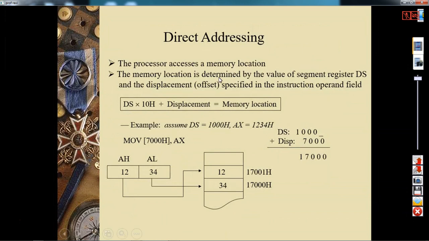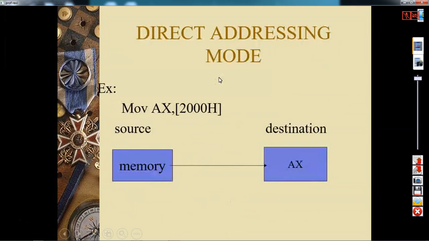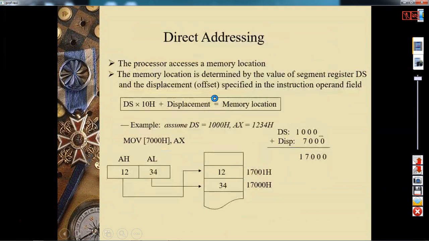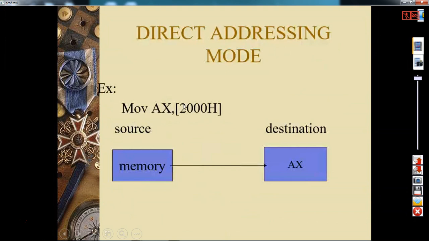Now you have to move 16 bits into AX, well and good. From where it will move, your emulator or your assembler will calculate the address like this. DS is your data segment register. The data segment register content will be added to 2000. I repeat, by default the data segment here is DS.